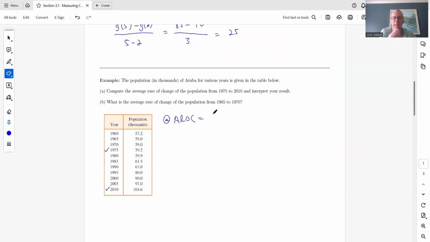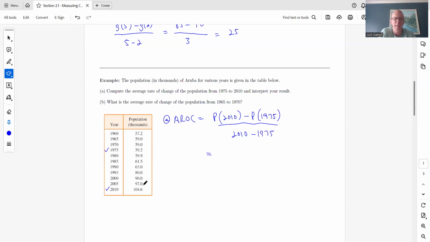We'll call the function P since we're talking about population, but it doesn't matter that much. So P of 2010 minus P of 1975 over 2010 minus 1975.